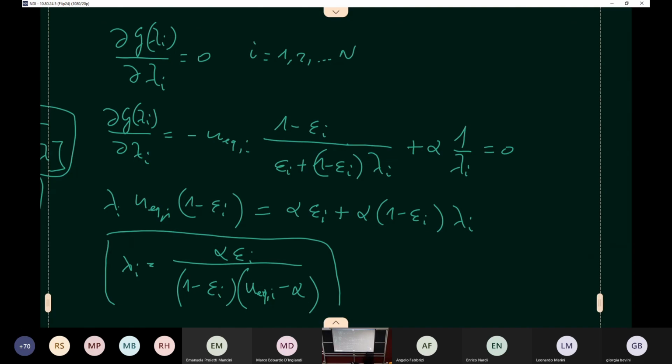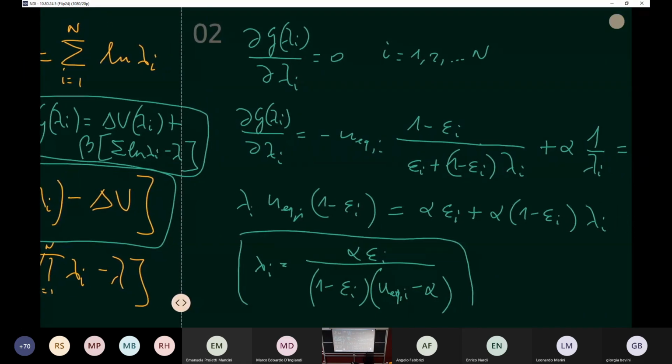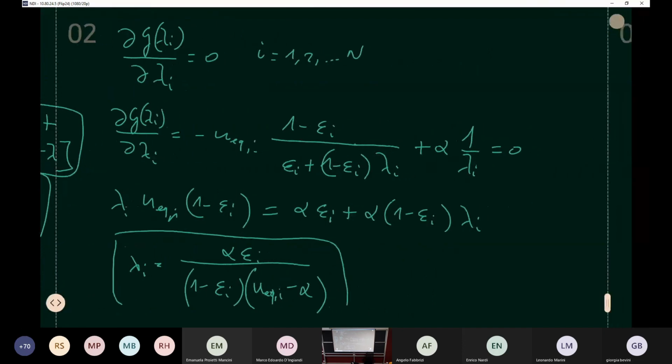The side condition is our constraint, the relation on the product of the different lambdas, the one in parentheses, this one. So this is our side condition, and we can enforce it to find our value of alpha.